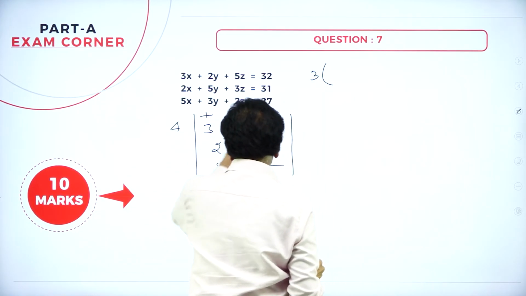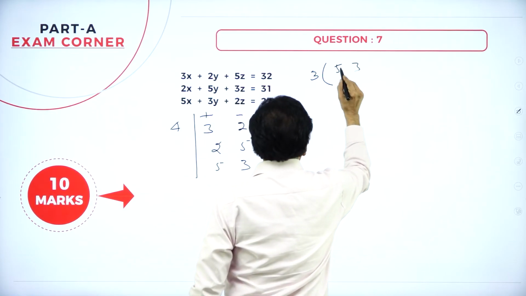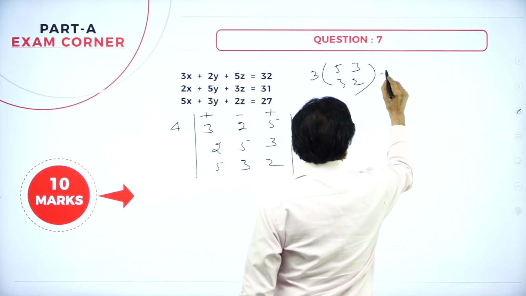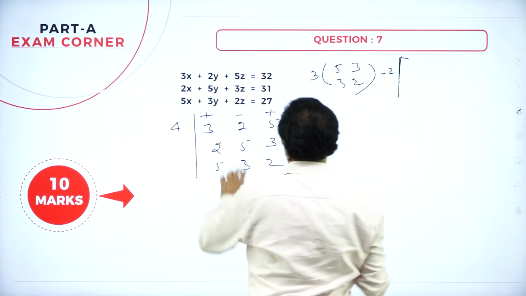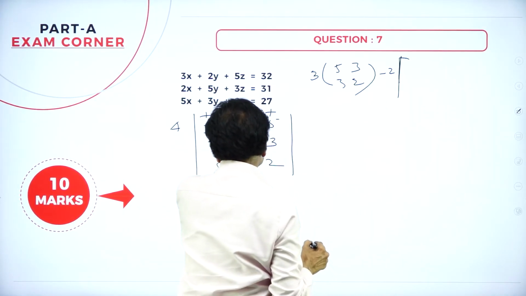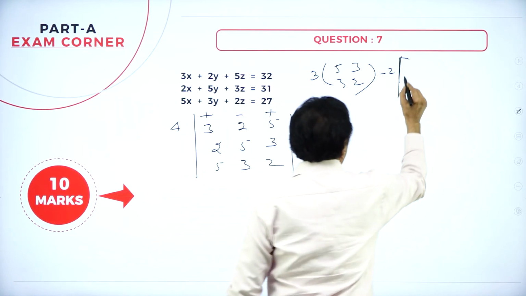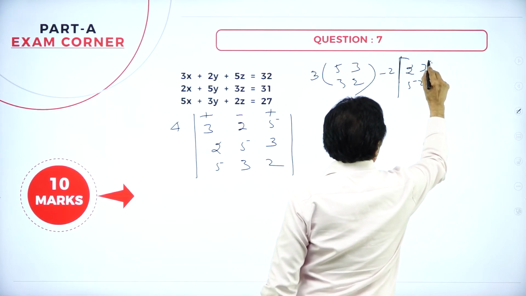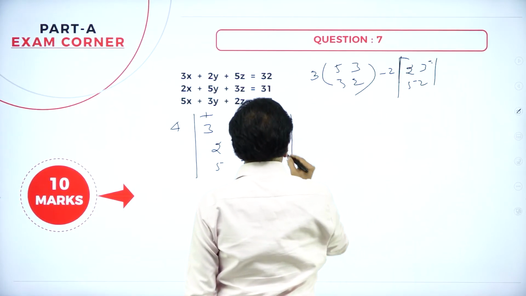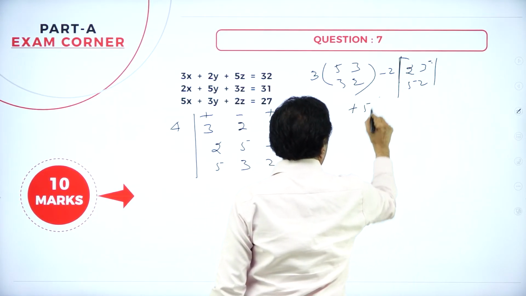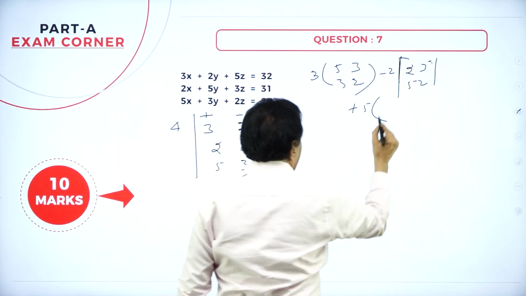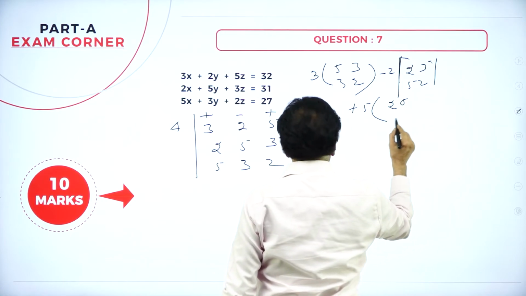What's left? 5 3, 3 2, minus 2. If it goes minus 2, what is left over? 2 3, 5 2. Then plus 5, 5 will go here, and this will go 2 5, 5 3.